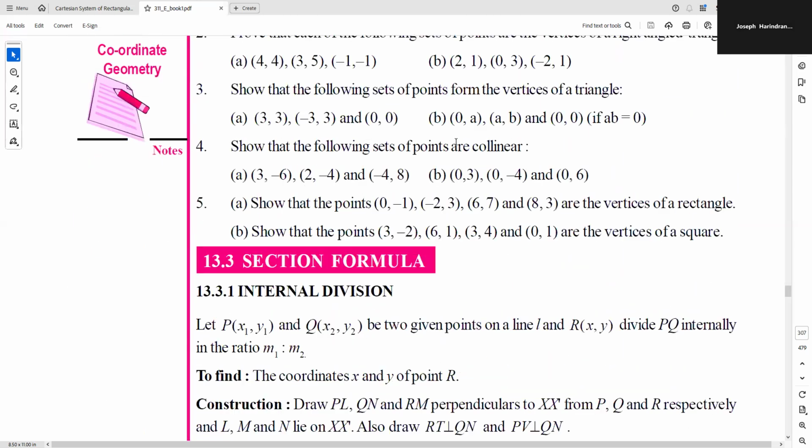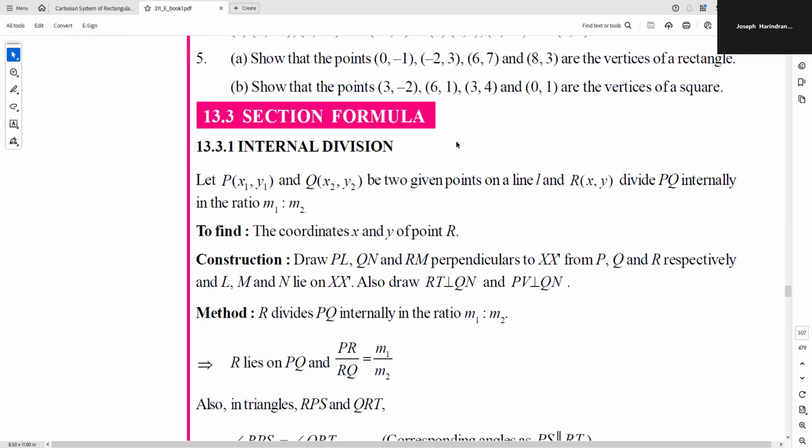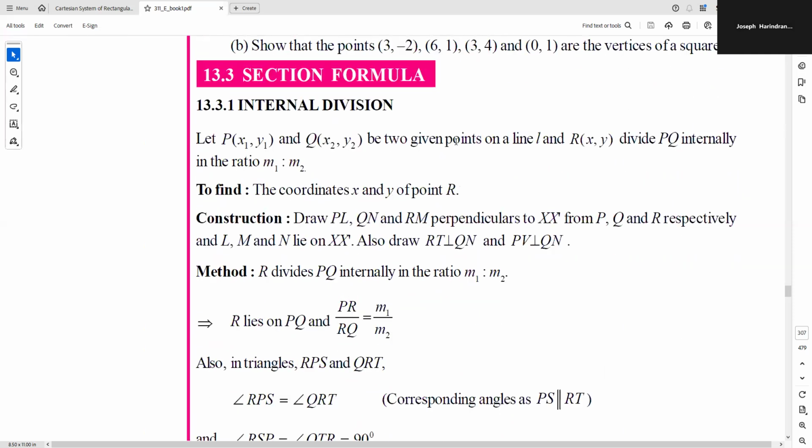This section formula, there are 2 cases. Number 1, the internal division. That means the point lies in between the 2 points. Actually, what is this section formula?